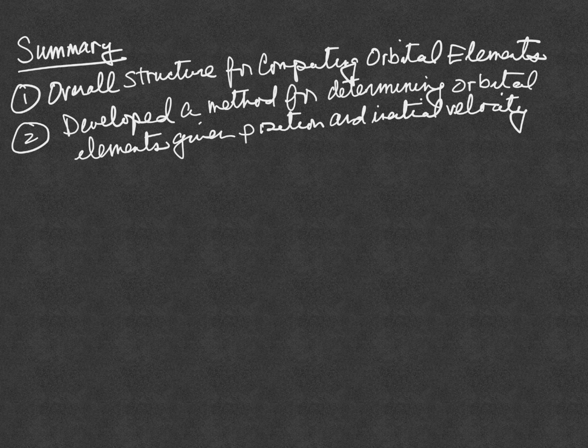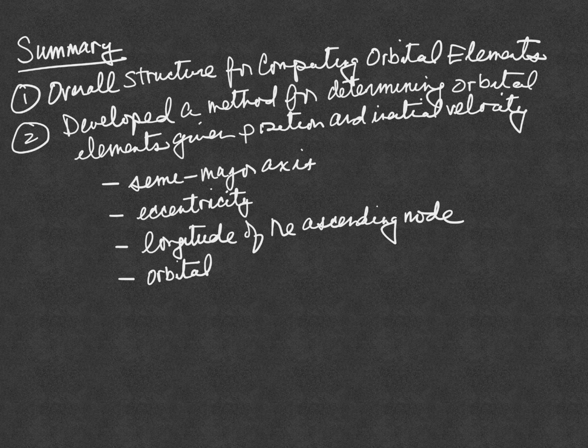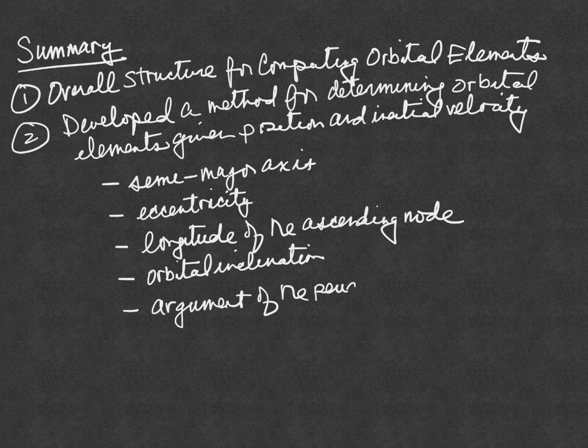And that gave us a way of being able to compute the semi-major axis, the eccentricity, the longitude of the ascending node, the orbital inclination, the argument of the periapsis, and finally, the true anomaly.